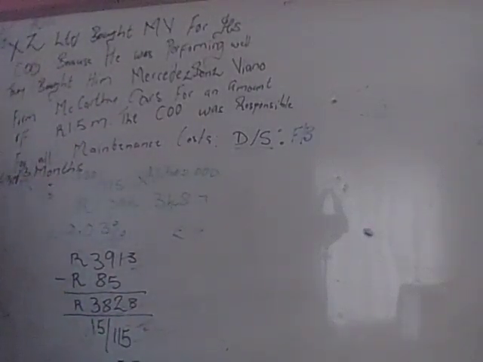So now let's just work out the tax fraction. 0.15 divided by 115 times 3828, which gives us 499.